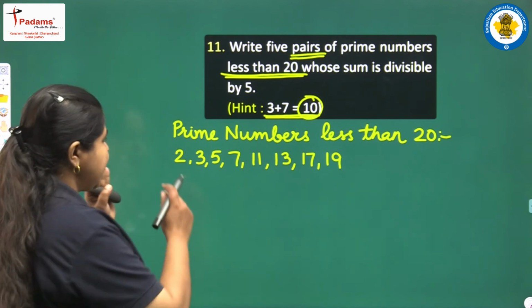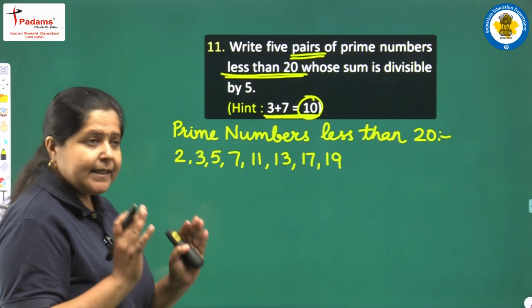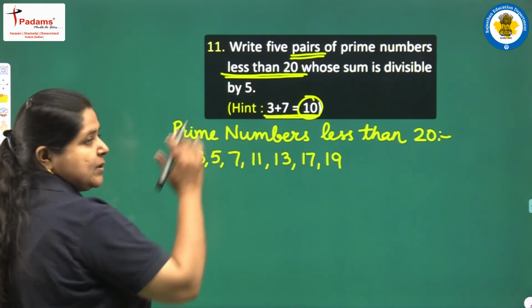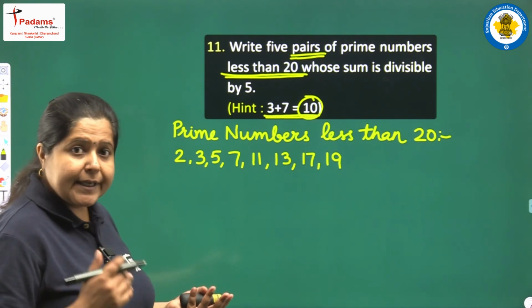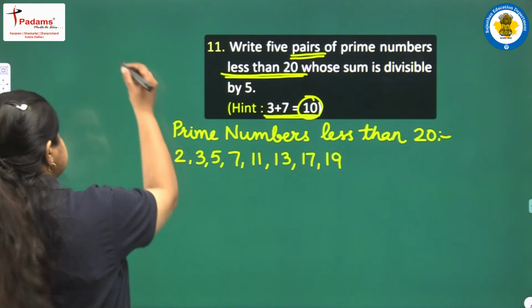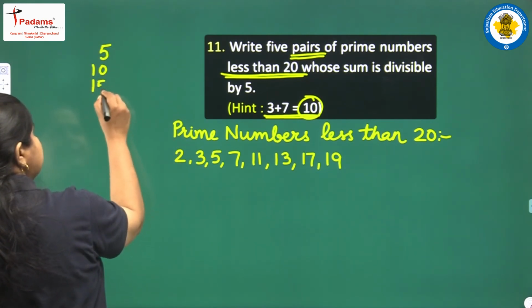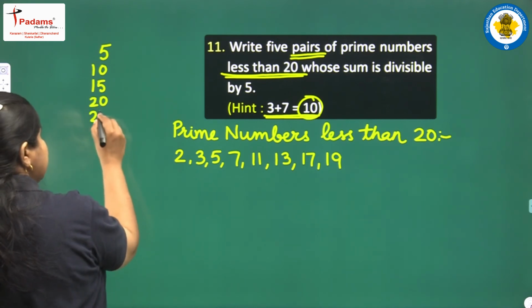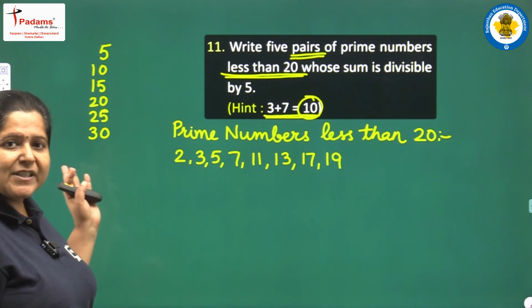We have to join or add two numbers such that we get a number which is divisible by 5. Now, which numbers are divisible by 5? The numbers which are multiples of 5 will be divisible by 5. Let us write down the multiples of 5. They are 5, 10, 15, 20, 25, 30. All these numbers are multiples of 5.